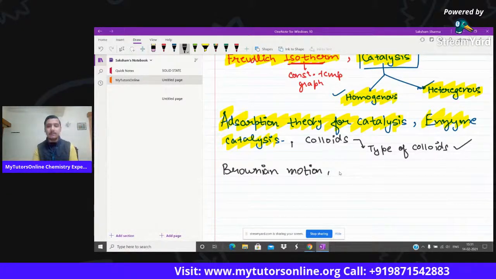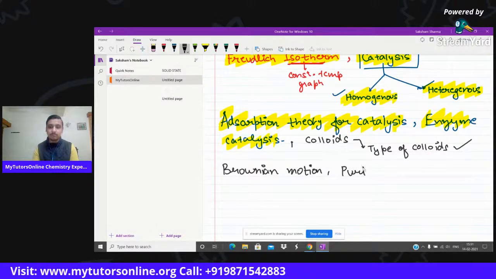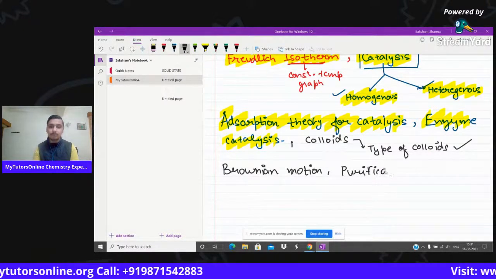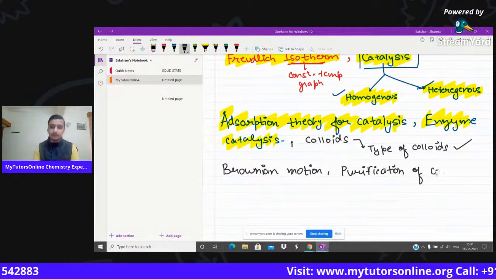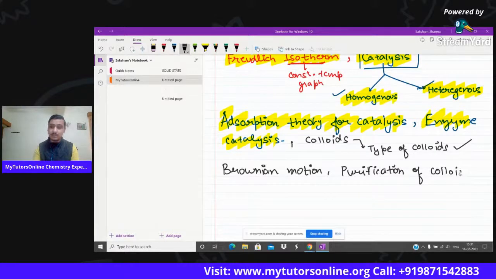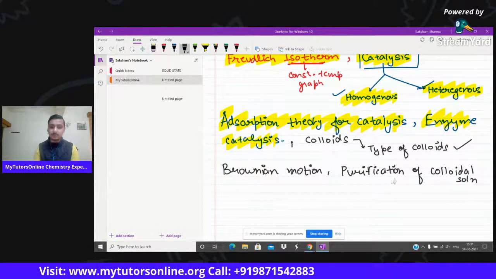Then you have the purification of colloidal solutions. This is a bit important because it has been asked several times in board exams.